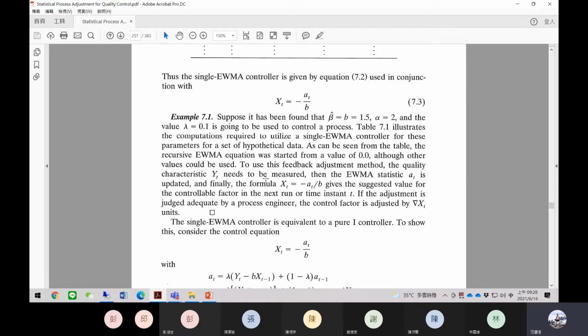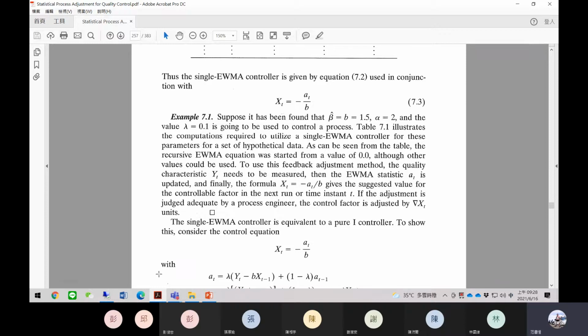To use this feedback adjustment method, the quality characteristic Yt needs to be measured. Then the EWMA statistic At is updated from run to run. Finally, the formula Xt equals minus At divided by B gives the adjusted value for the controllable factor.